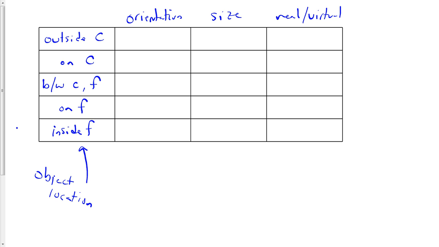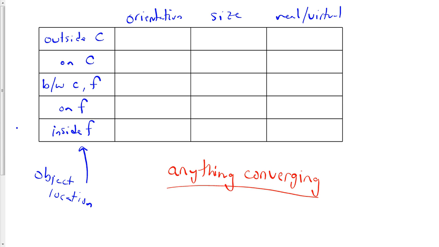And then the chart will indicate what the image will look like. Now this is true for anything converging, for lenses and mirrors. We're going to confirm this with mathematics, and you can do that. And if you're really good at math, then it doesn't take very long to do that. But again, it's going to be a lot quicker if you just memorize.